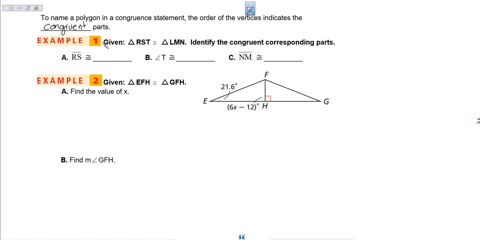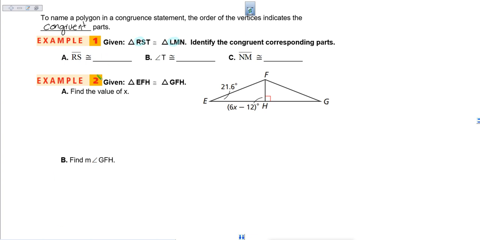Our next example, we are given that triangle RST is congruent to triangle LMN. Identify our congruent corresponding parts. First off, we're looking at RS. R and S were the first two letters, so we want the first two letters in the second triangle's name.